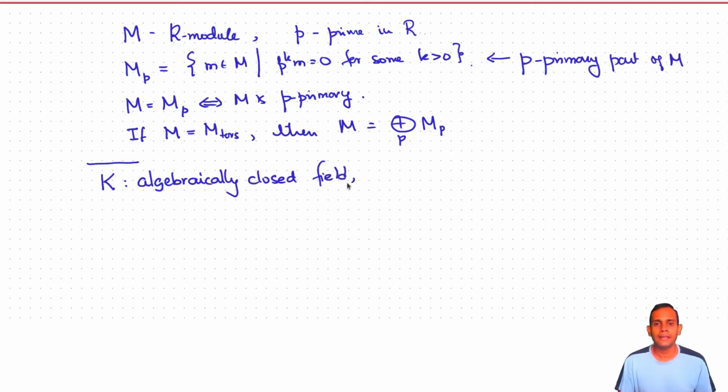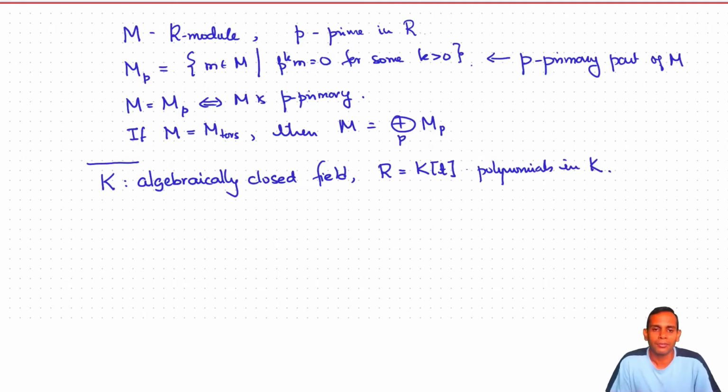And the relevant ring R in this case is the ring of polynomials in K. So what are the prime elements of the polynomials in K?